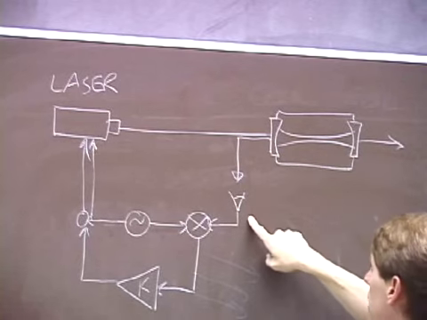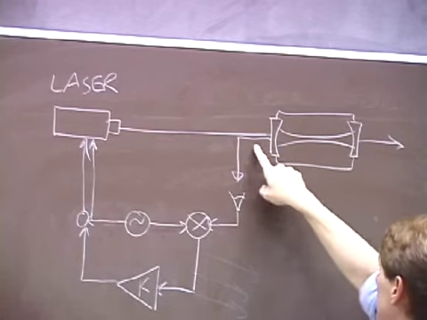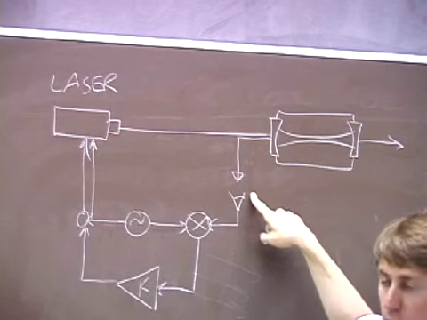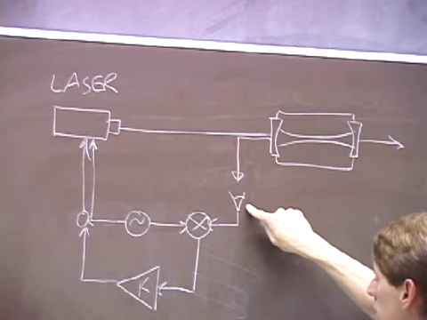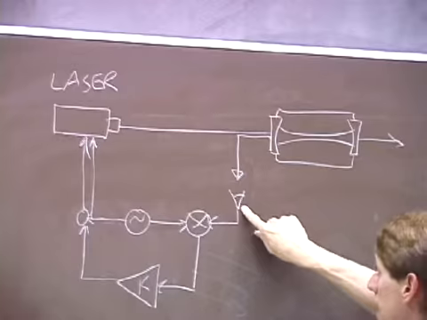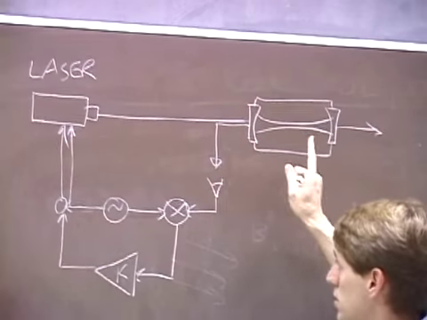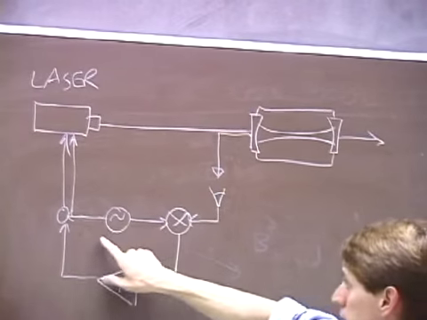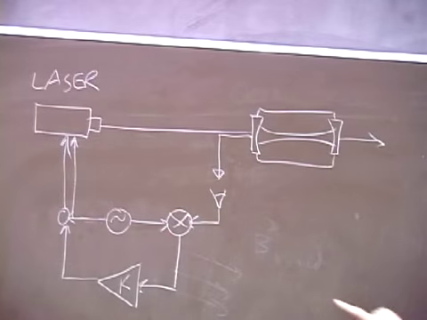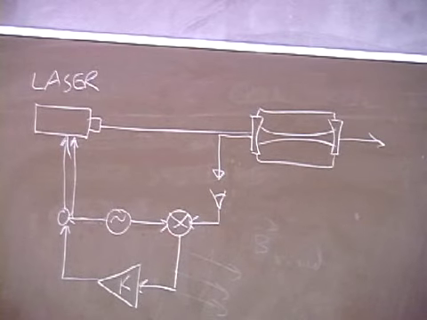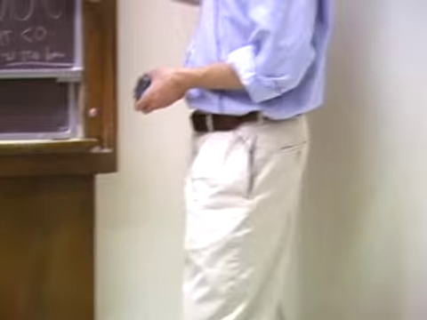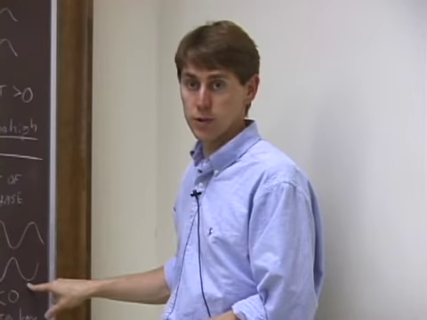The output of the Fabry-Perot cavity, that is the reflection off the Fabry-Perot cavity, goes into a photodetector. And the output of that photodetector, which is sinusoidal, at the same frequency that we're modulating the laser frequency at, according to these diagrams, is at the same frequency, but depending on whether the frequency of the laser is above or below the resonance of the cavity, it might be inverted relative to the frequency drive.